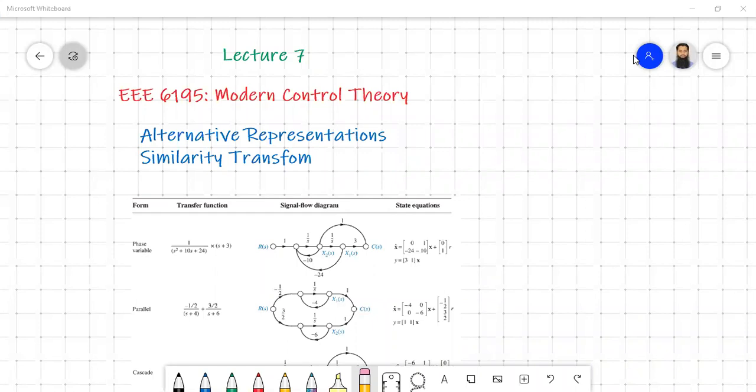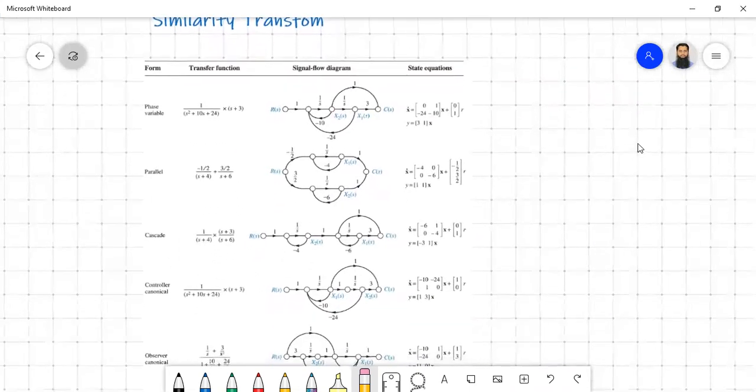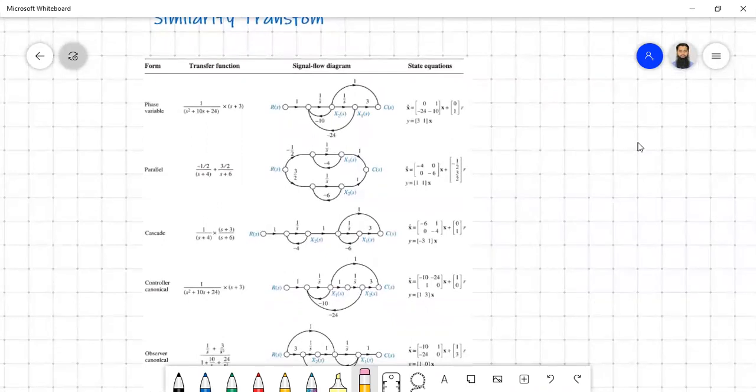We are discussing chapter 5 of Nise's book. We covered in lecture 6 the alternative representations of state space. The summary of the alternative representations is given in this table: the phase variable, then parallel, cascade, controller canonical form, and observer canonical form.